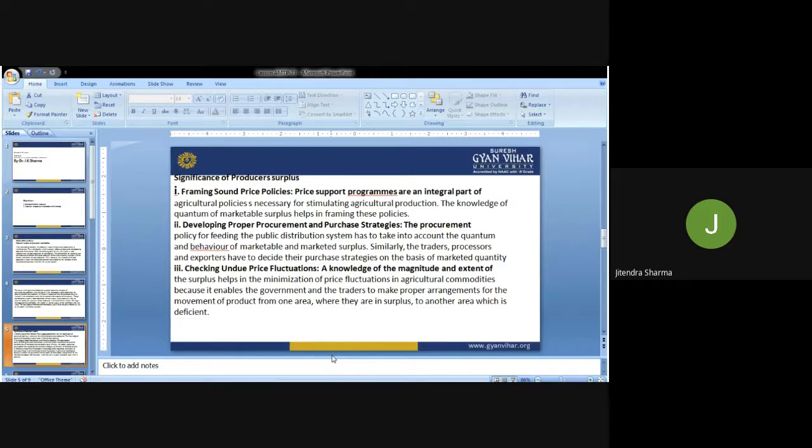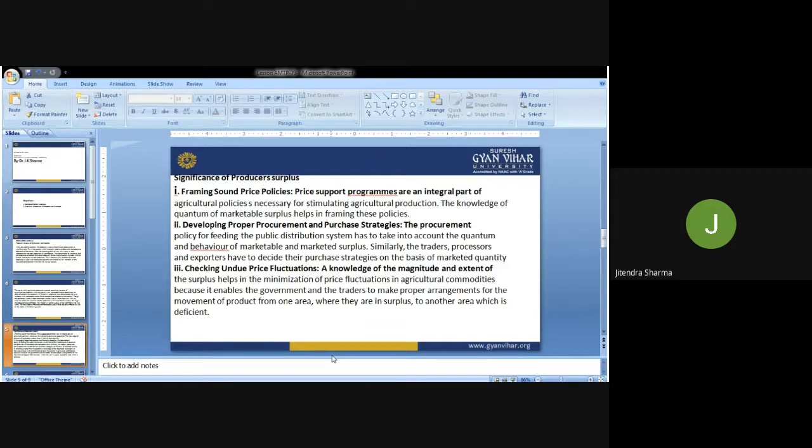A knowledge of the magnitude and extent of the surplus helps in minimizing price fluctuation in agricultural commodities, because it enables the government and the traders to make proper arrangements for the movement of product from one area to another. If for any reason there is less productivity or less output of a particular commodity, then the same commodity can be infused in the market if we have proper marketable surplus in our hand.